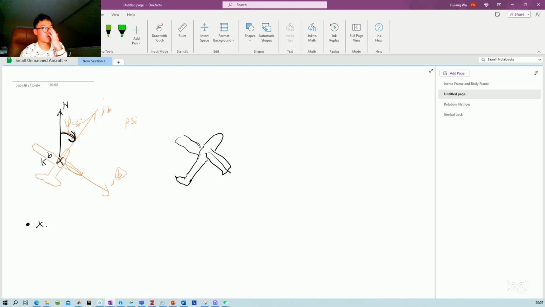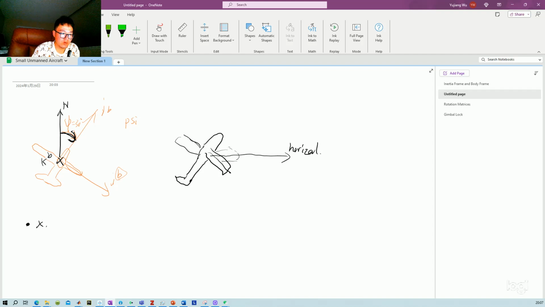This is your horizontal plane, and imagine initially the nose of the plane is along with that.